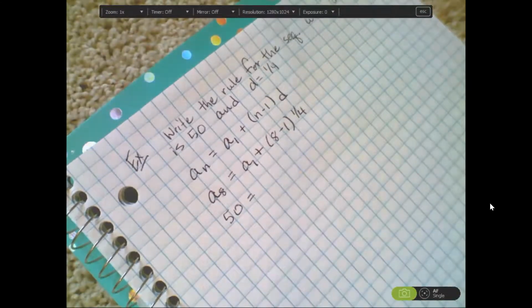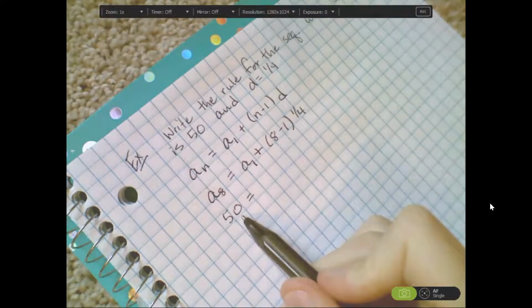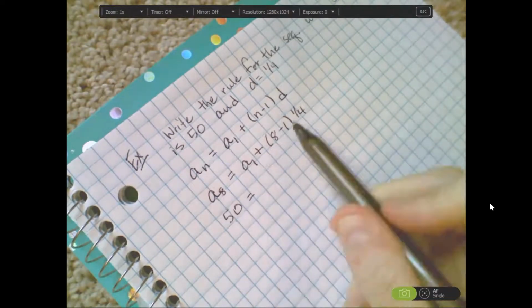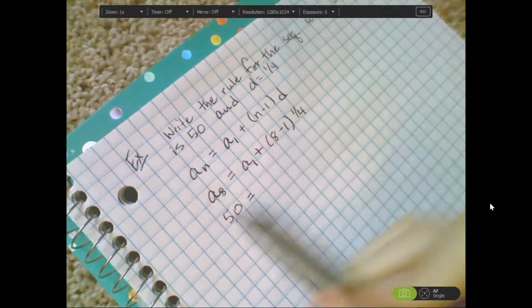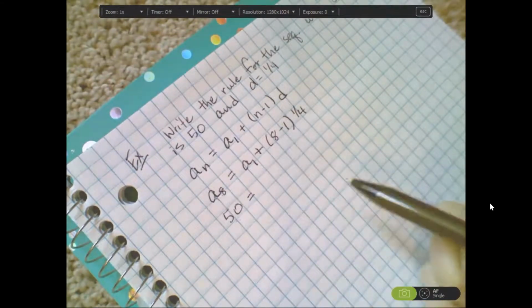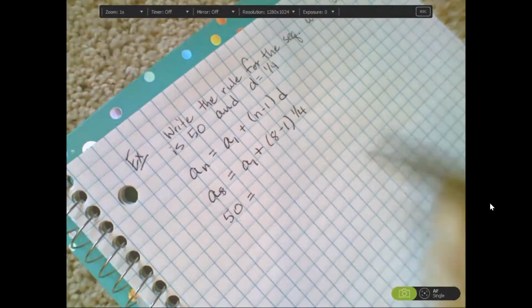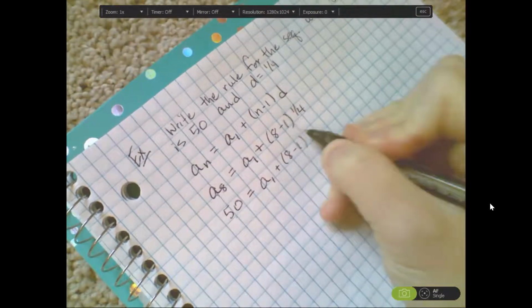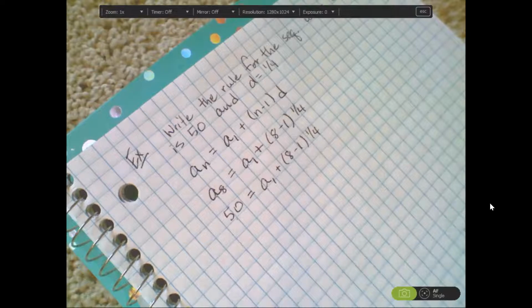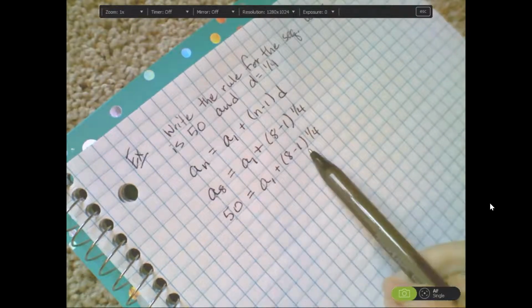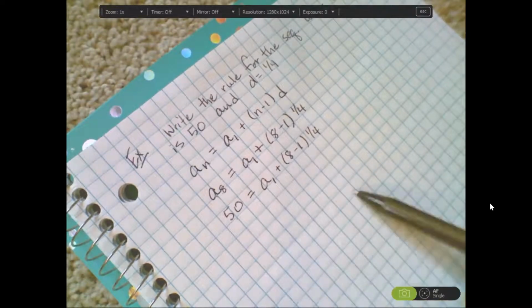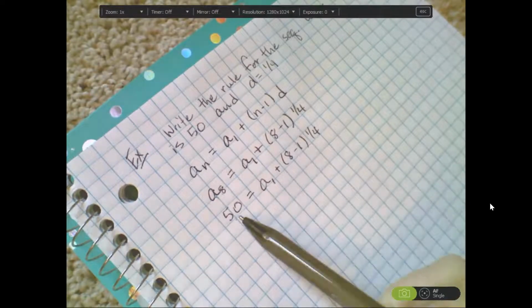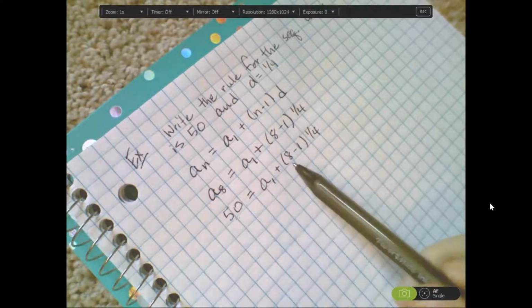Some of you can probably just jump straight to that and have the 50 and not even put this line in here. But sometimes when I leave this line out, people get very confused as to why I put the 50 there and why I put the 8 over here.